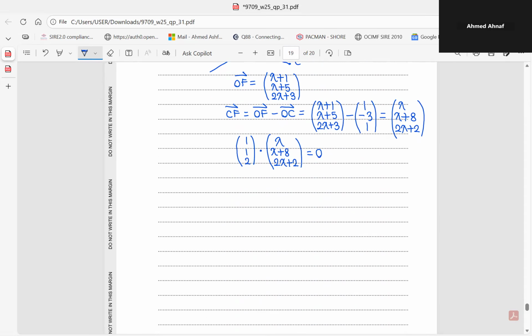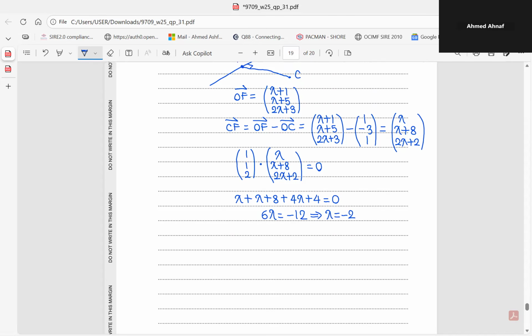So 1 times lambda is lambda, plus 1 times lambda plus 8, lambda plus 8, and then 2 times 2 lambda plus 2, you get 4 lambda plus 4, equals 0. So lambda plus lambda plus 4 lambda, you will get 6 lambda equals 8 plus 4, that's 12. So move it to the other side, you get negative 12. And lambda, you would get minus 2.